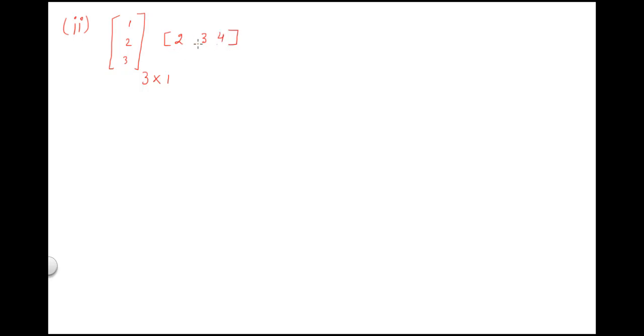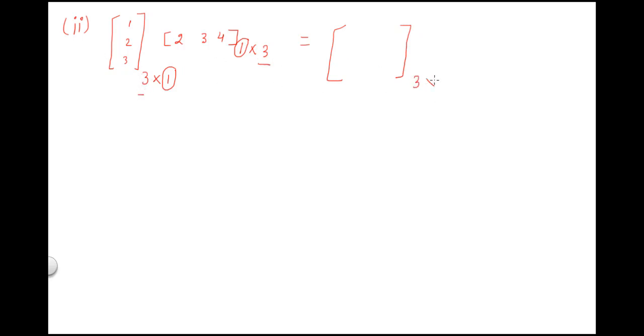So here, there is only one row but 3 columns. So is matrix multiplication defined here? Yes, because the number of columns in the first matrix is equal to the number of rows in the second matrix, and the product will be a matrix of order 3 cross 3.